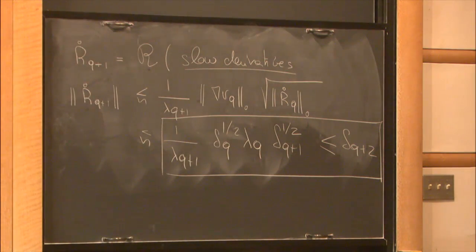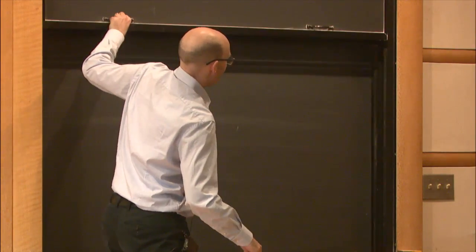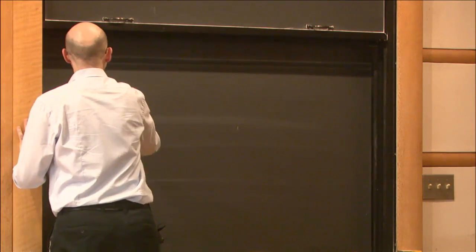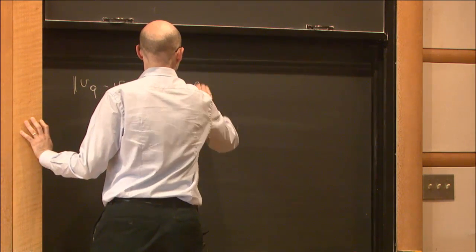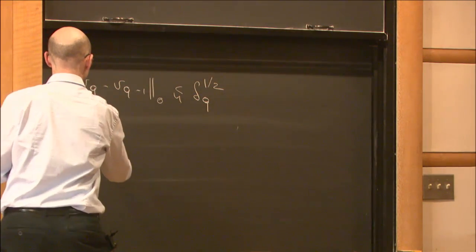Okay, so in this scheme, what is the regularity of the final object? I have this estimate. I have this estimate.